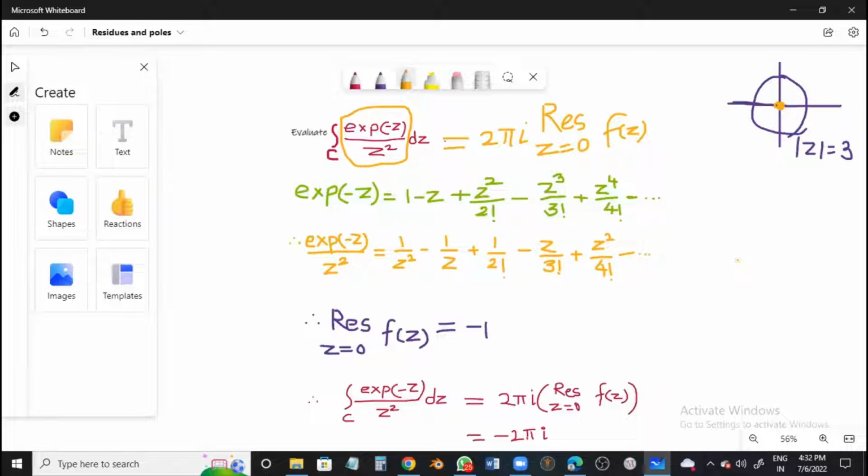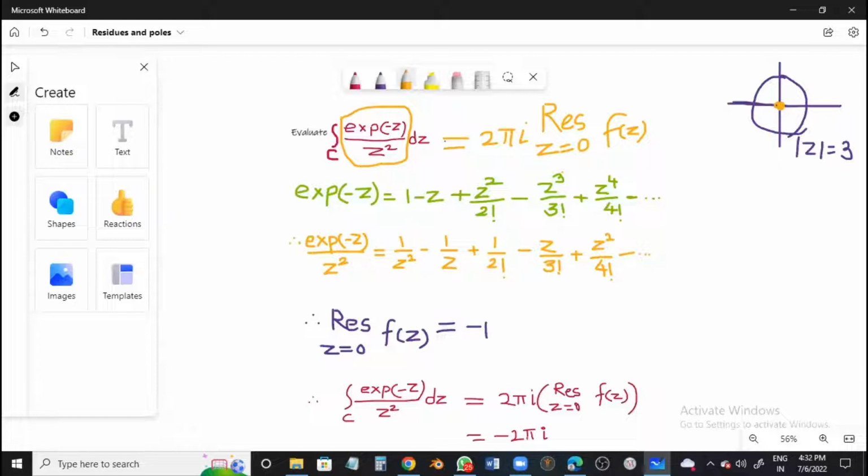I repeat, we divided throughout by z square, term wise. The first term becomes 1 upon z square. The second term was minus z, so minus z upon z square gives us minus 1 by z. Then z square upon z square gets cancelled and you are left with only the constant term 1 upon 2 factorial.